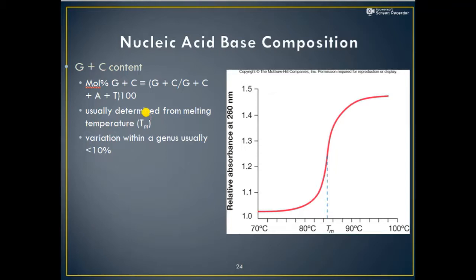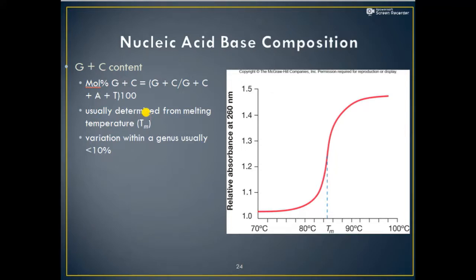And how to calculate the G plus C content? That is mainly by taking the absorbance of the DNA at different temperatures, increasing the temperature, and you find out the melting temperature by extrapolating and drawing this graph. From the graph, you calculate the melting temperature of the DNA.